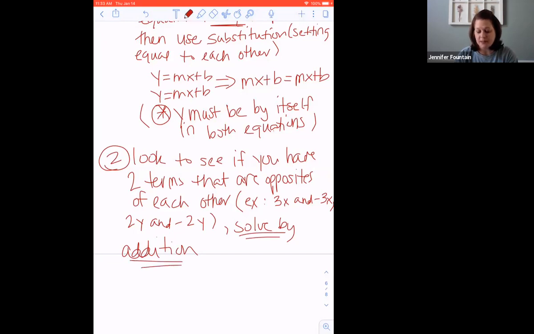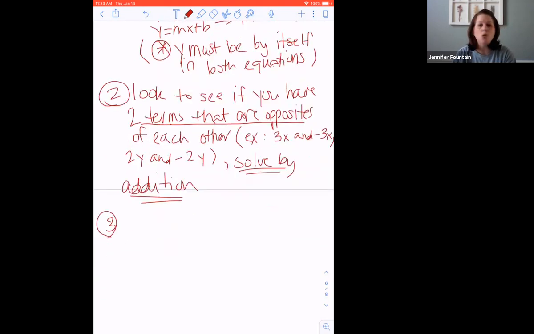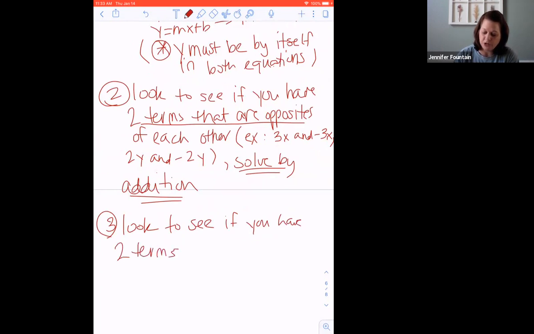If I have two terms that are opposites, I solve by addition. Now, number 3. Let's say I don't have two terms that are opposites. So I'm going to look to see if you have two terms that are alike.